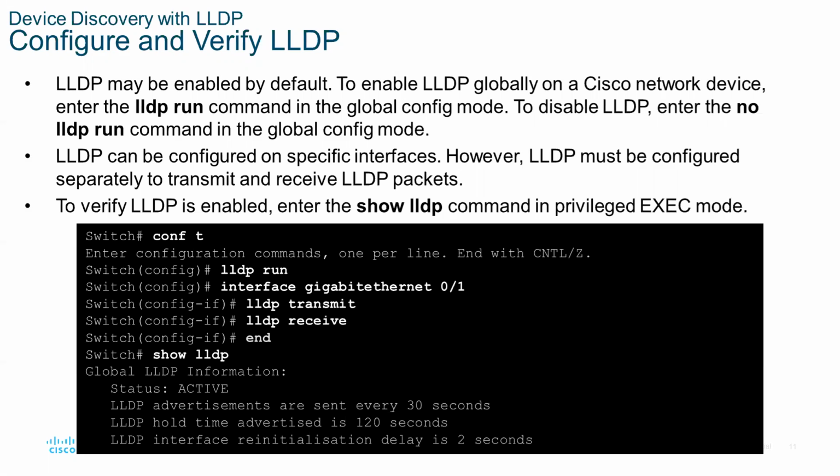Then we can use the show LLDP command to find out what's there. At the moment, it's just telling us it's active and advertisements are sent every 30 seconds. Hold down timer is 120 seconds. And we have a reinitialization delay.